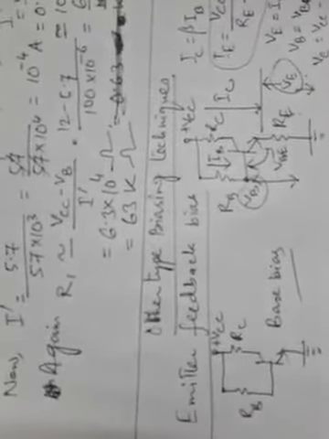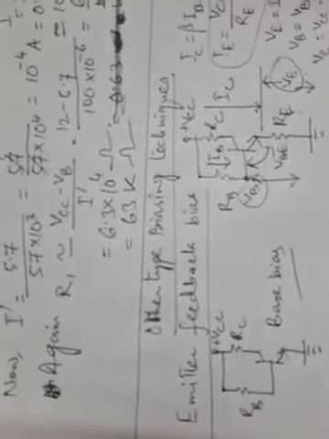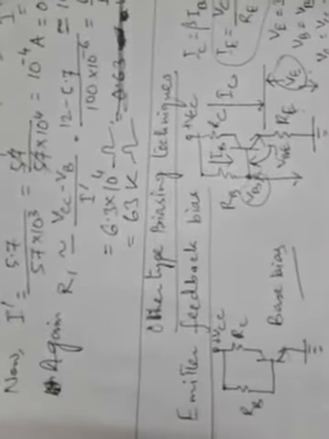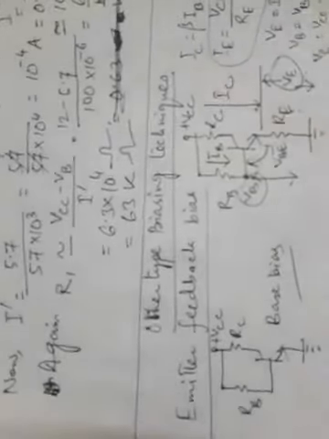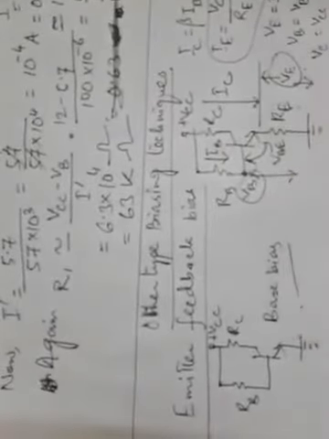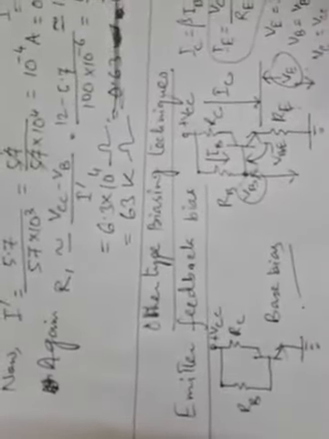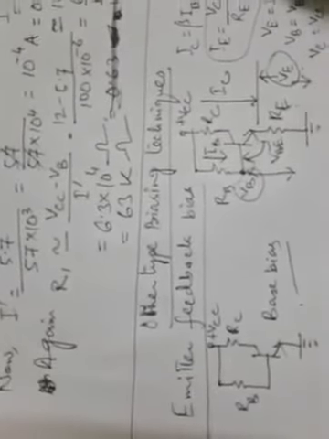So the intention of this type of emitter biasing is to swamp out the variations in beta DC. That means to leave out the variations in beta, that is RE. The emitter resistance should be much greater than RB by beta DC.